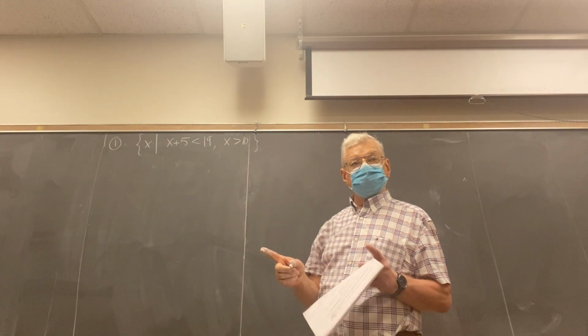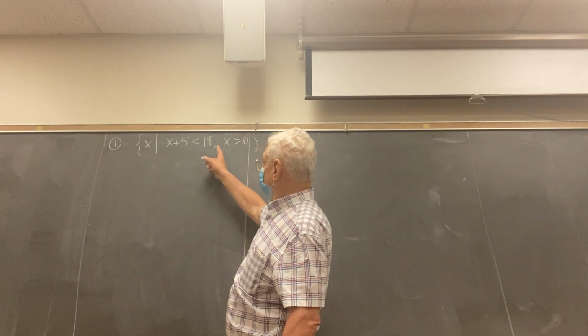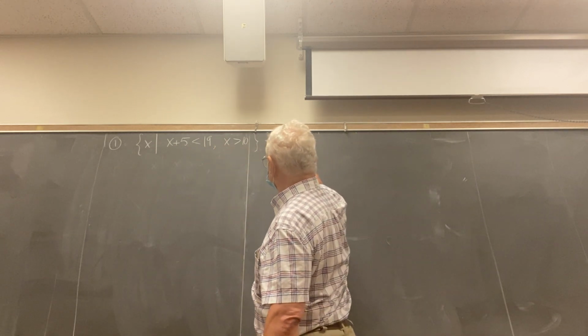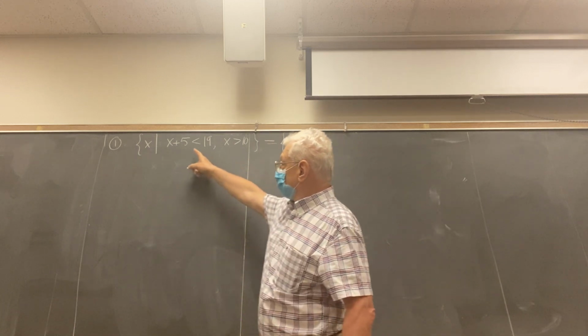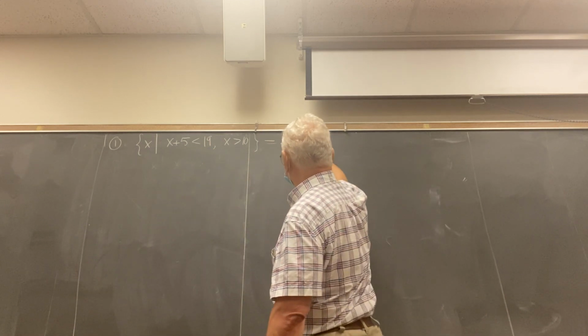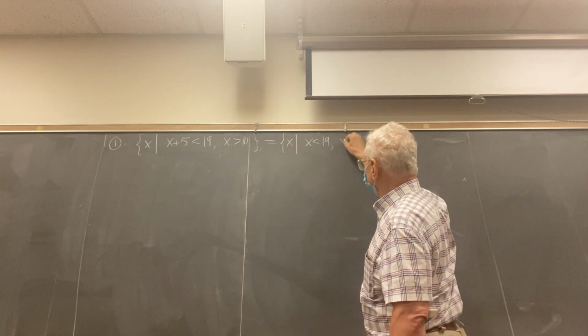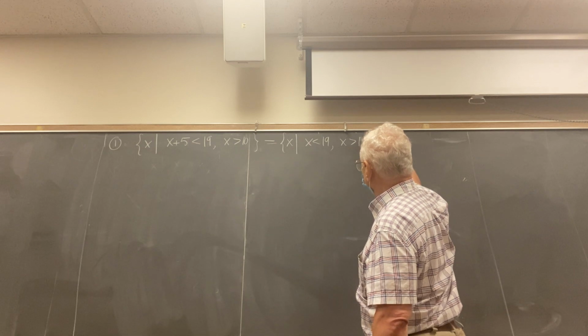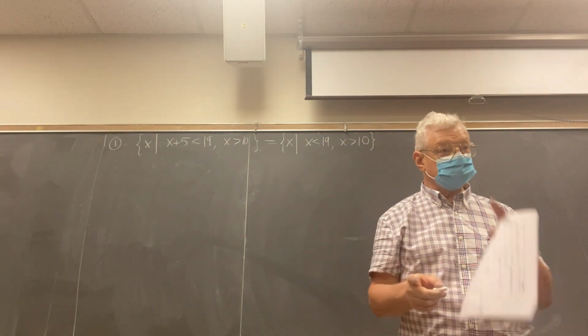It's not necessarily an integer. I didn't say anything else. The only restriction is this one and this one. Let me write this as follows. All x's such that, if you subtract 5 from both parts, you get x less than 19, and then comma, and x greater than 10.